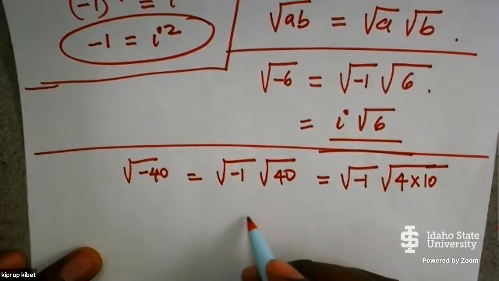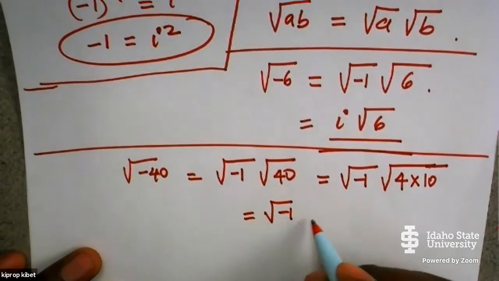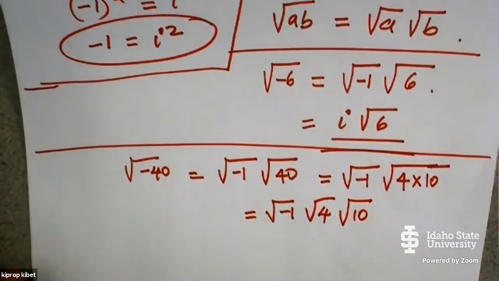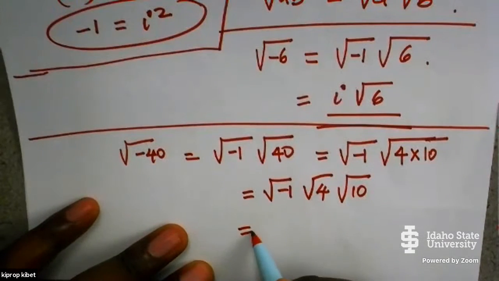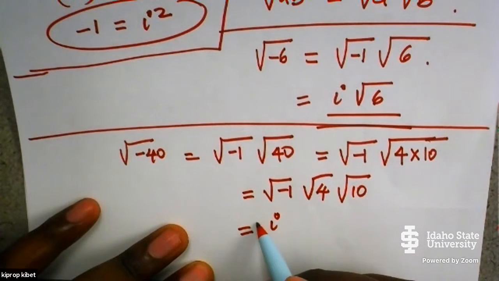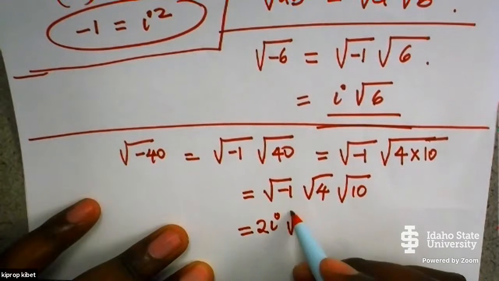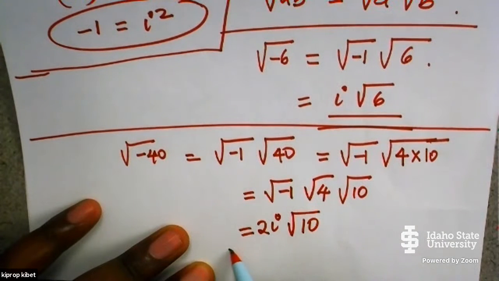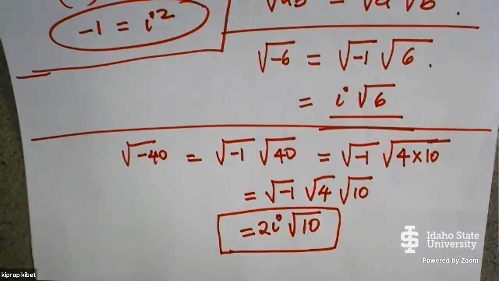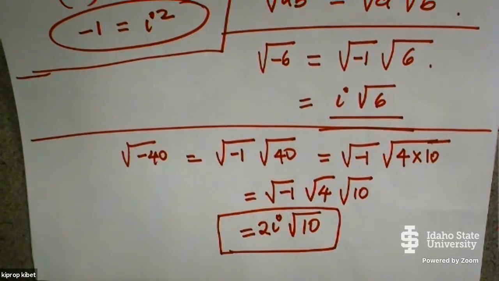We can also write it as the square root of -1, the square root of 4, and the square root of 10. Finally, the square root of -1 is i, the square root of 4 is 2, and the square root of 10 stays. So we get 2i times the square root of 10.